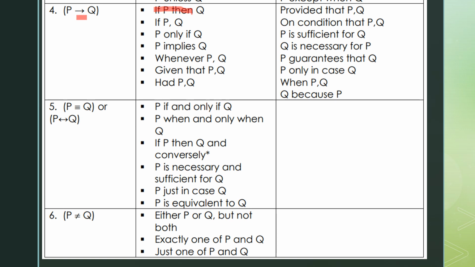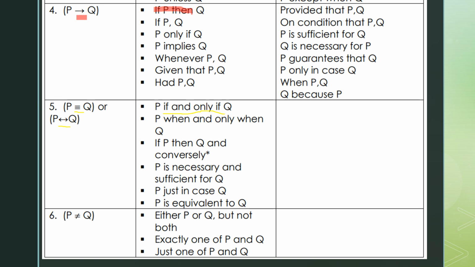Then if we have "if and only if," the symbol we have is the double arrow or the triple dash.